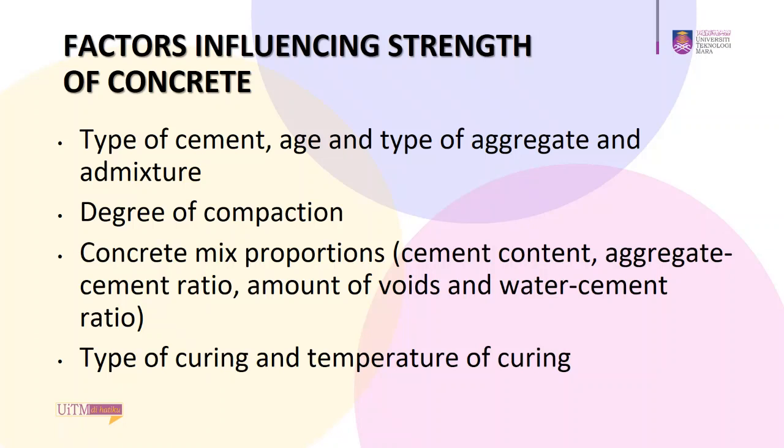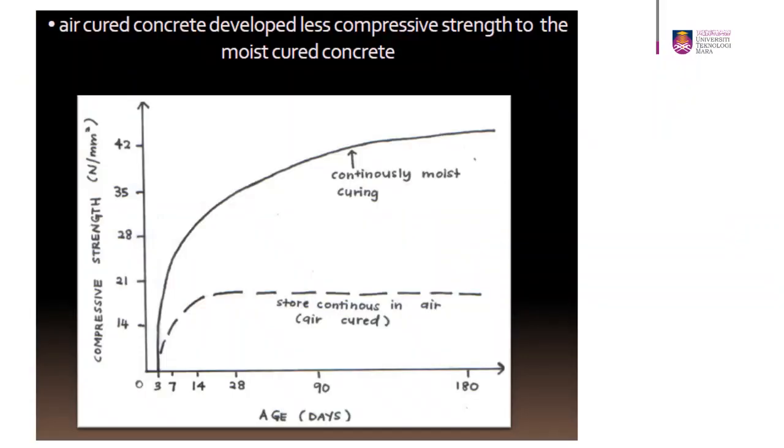When concrete is cured using water curing, it can maintain adequate moisture in the concrete to aid cement hydration at early age, so that the concrete will achieve better strength than with air curing. So these are the differences between air cured concrete compared to moist cured concrete.